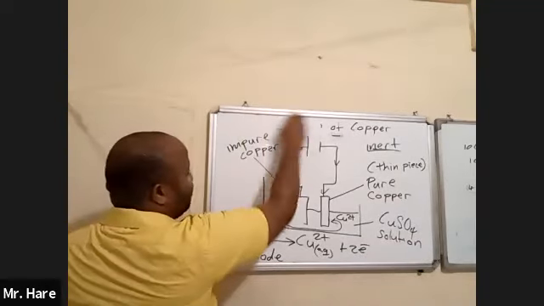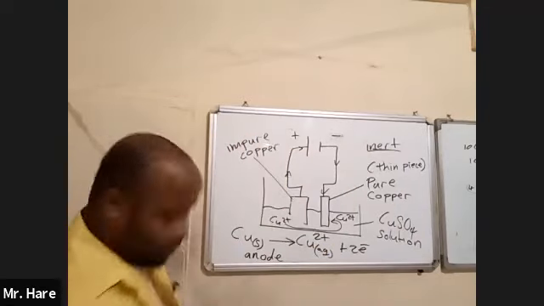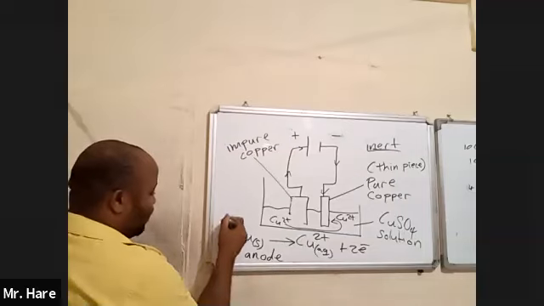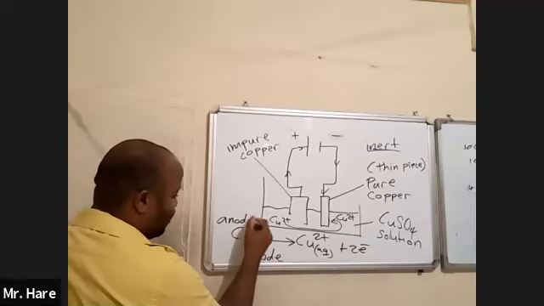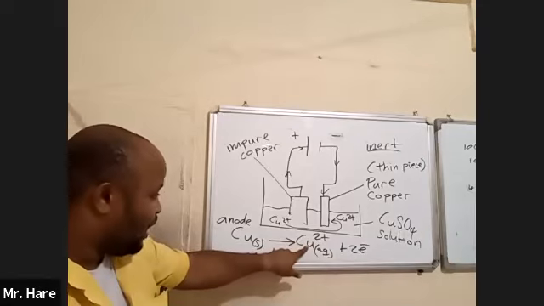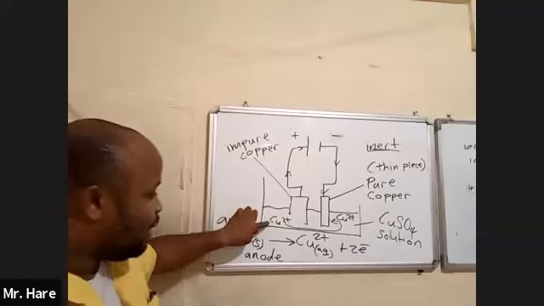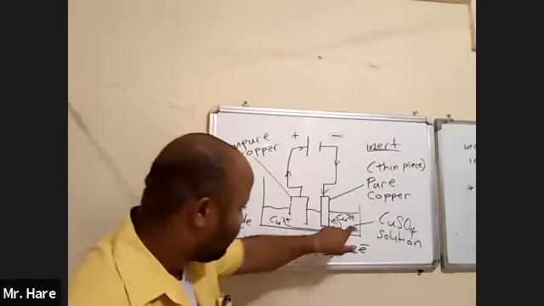So to answer your question, just give me a minute. Remember, this is what happens at the anode. It gets oxidized, so we produce Cu2+ ions, which fall into the solution. These ions migrate to the cathode.